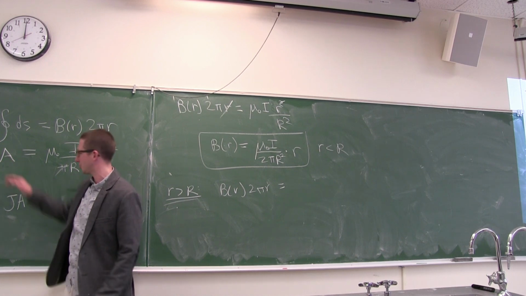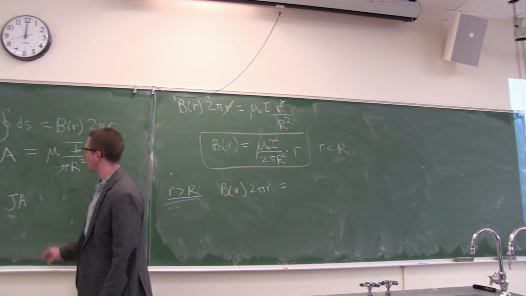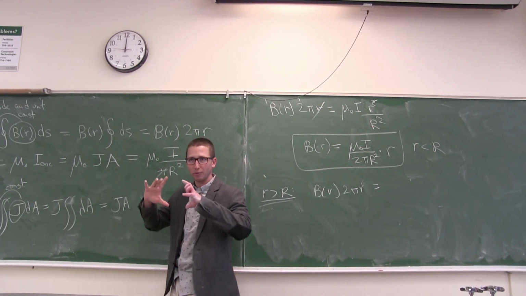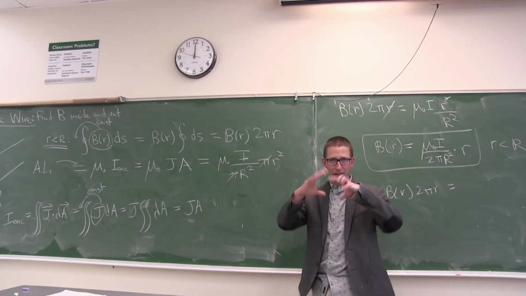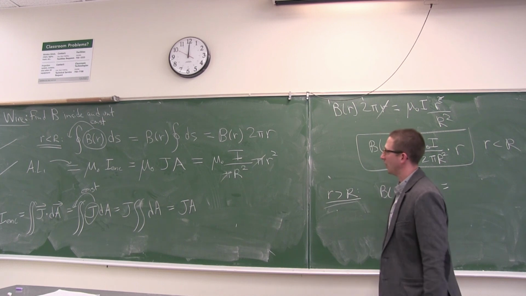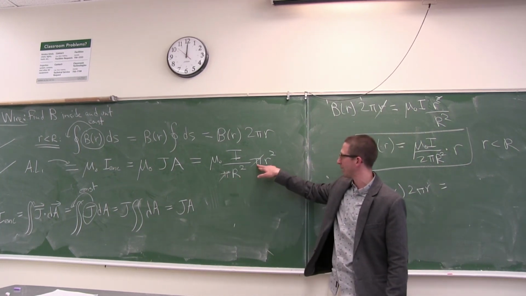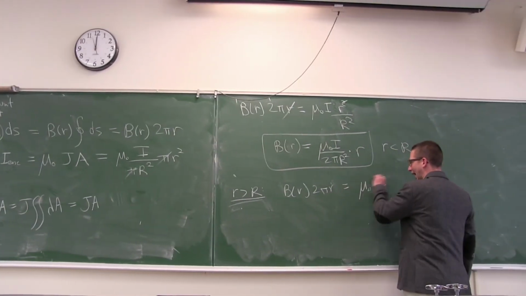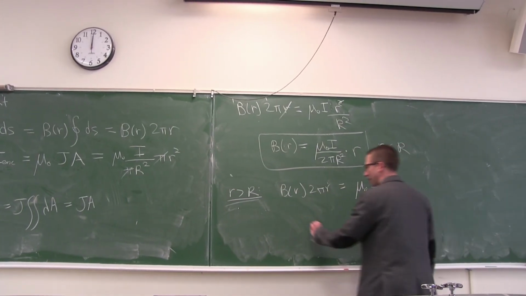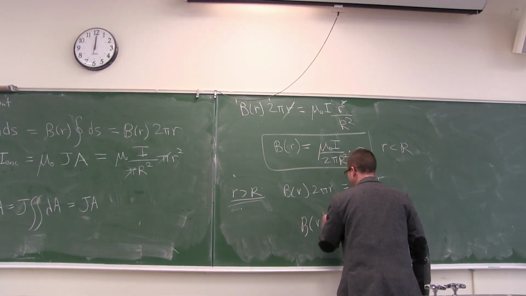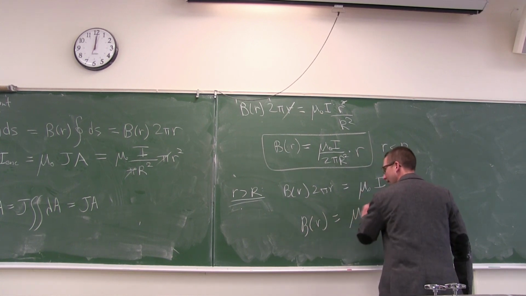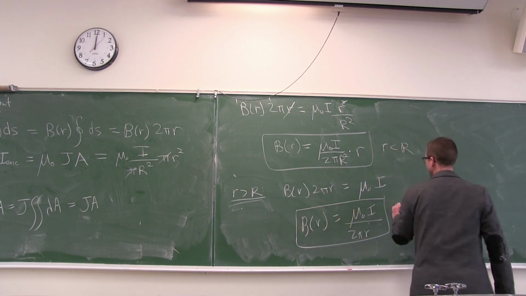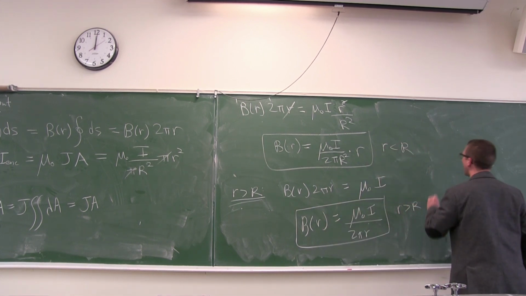The only thing that changes now with a larger area, when you're outside, is just the area of the current itself. So it would just be pi R squared multiplied by I over pi capital R squared, so just equal mu naught times I. So then B would be exactly what we would expect, mu naught I over 2 pi r. This is when r is greater than R.